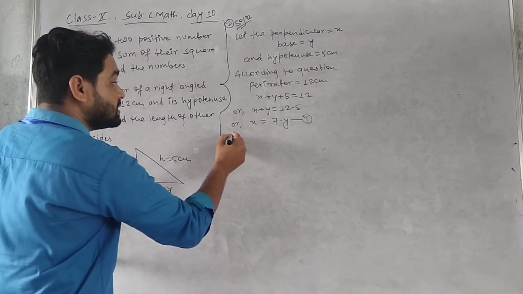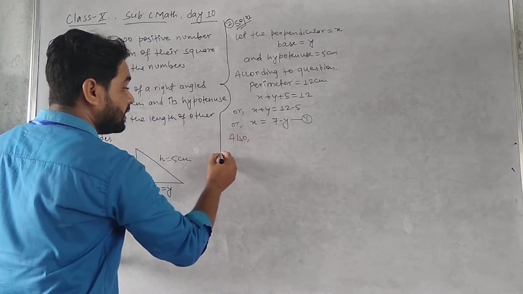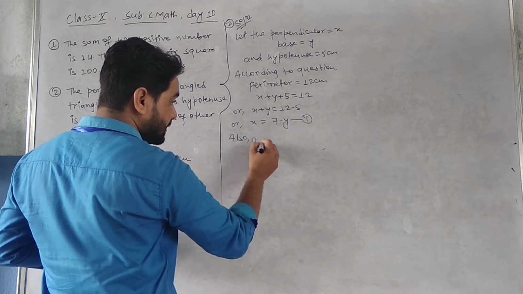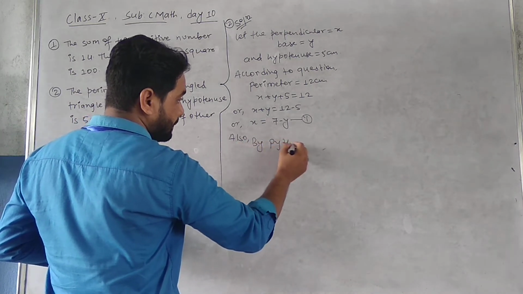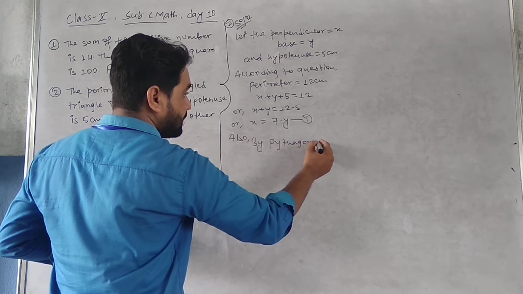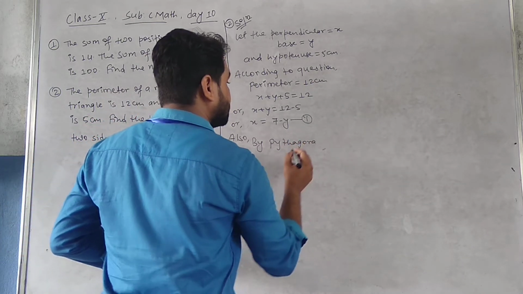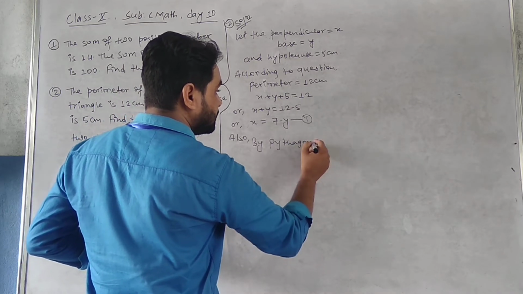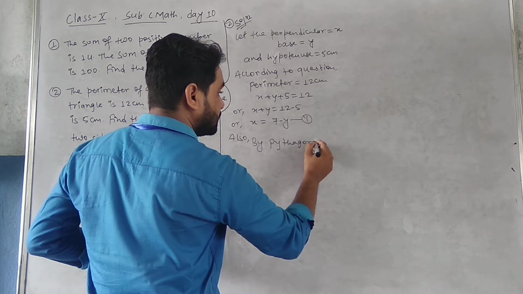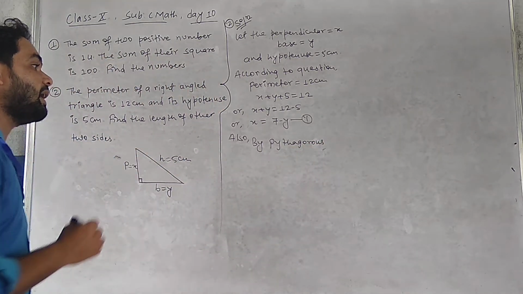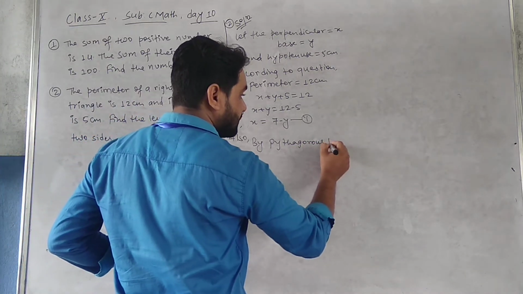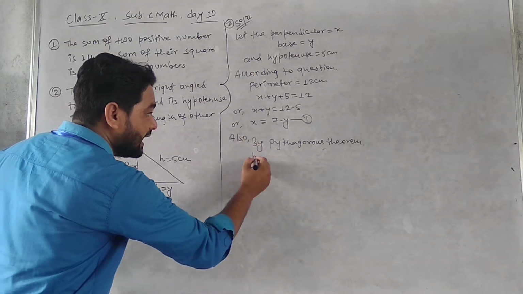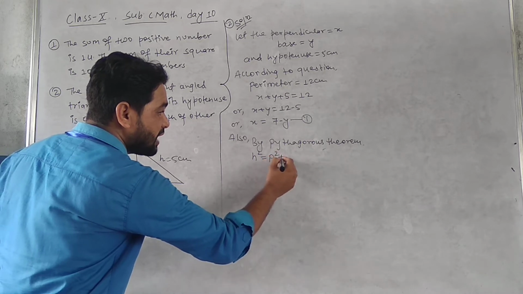Also, by Pythagoras theorem, we have h square equals p square plus b square.